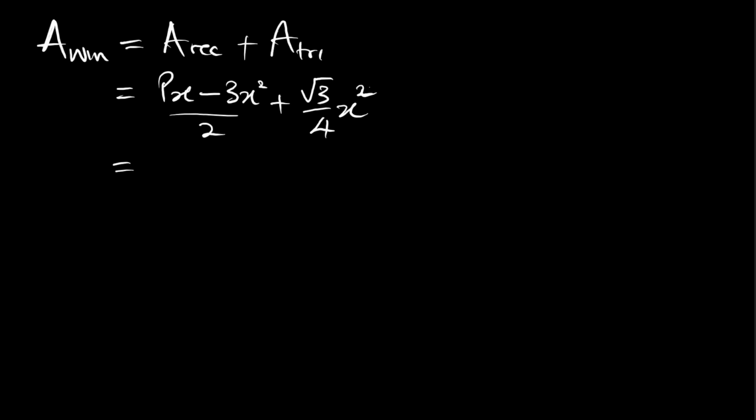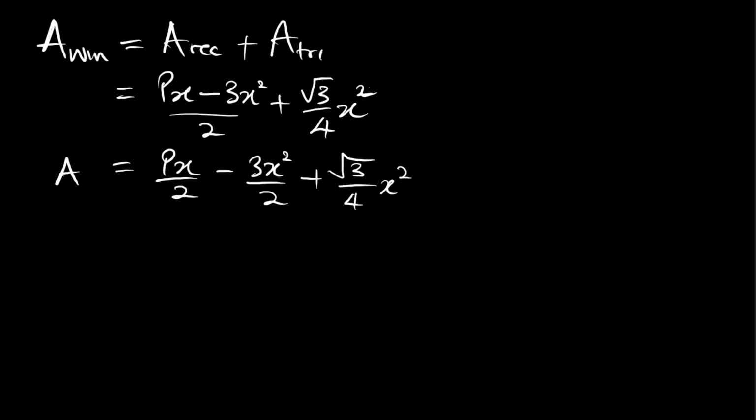So if I separate these two terms on the numerator, I'm going to have px over 2 minus 3x squared over 2 plus root 3 over 4 x squared. And that's our area.